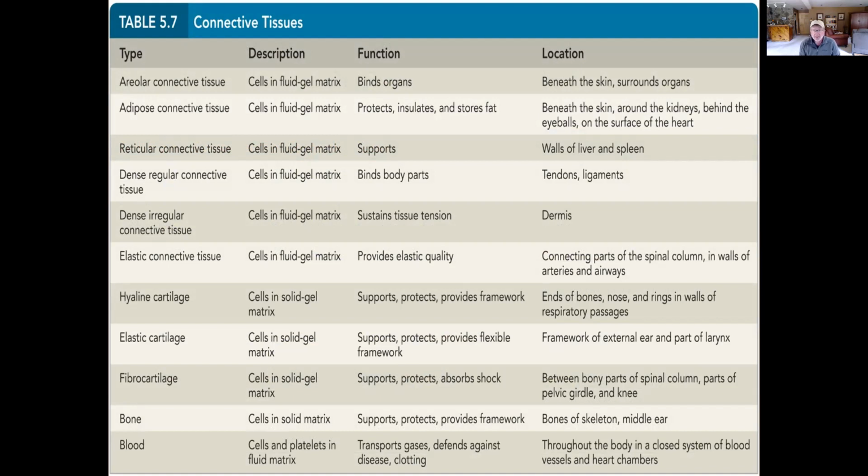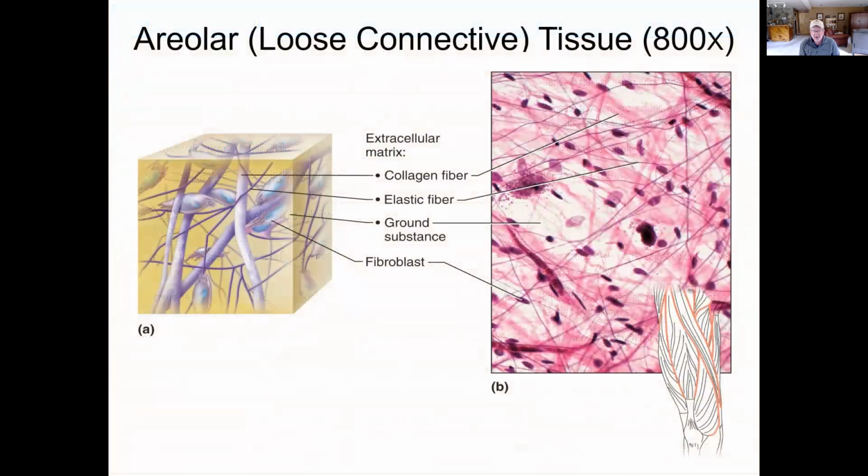Great summary table. So let's talk about the various types, starting with the first, called the areolar connective tissue, or loose connective tissue. Some of the books used to call it loose connective. So we have both an artist's sketch on the left, and a stained tissue section magnified with the microscope on the right.